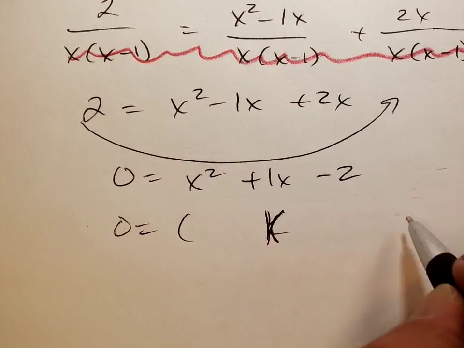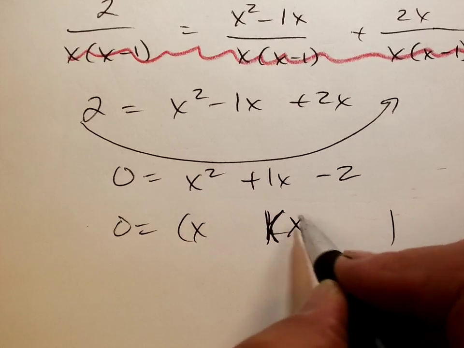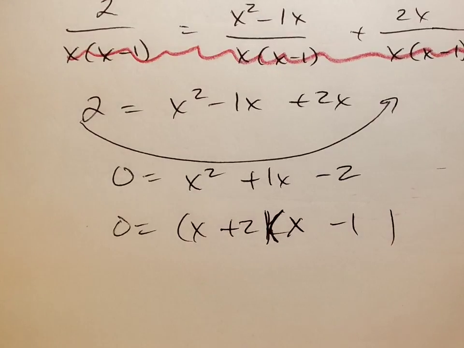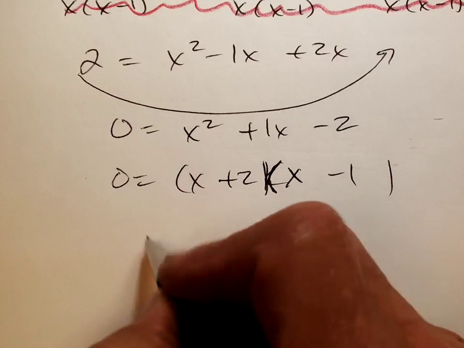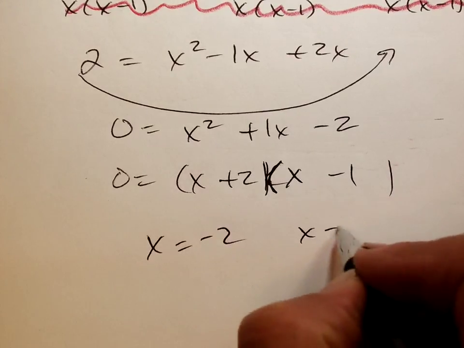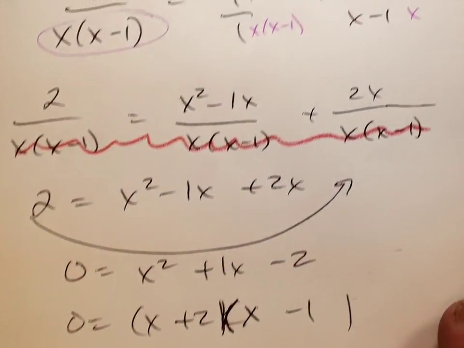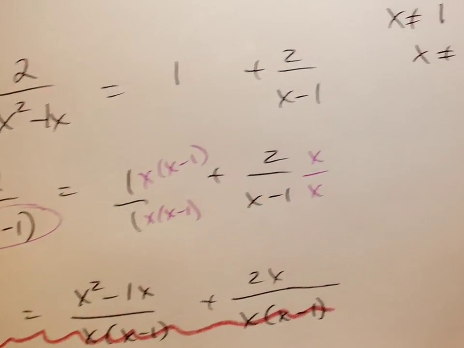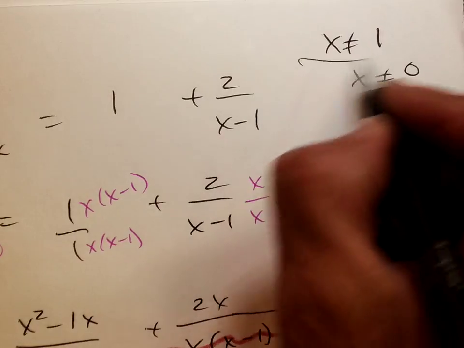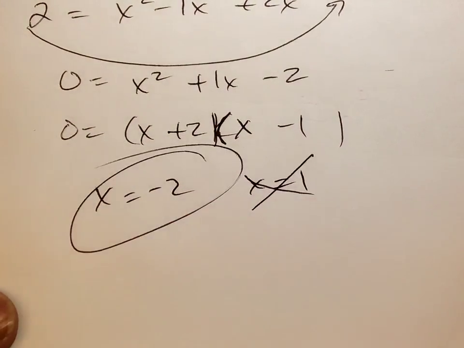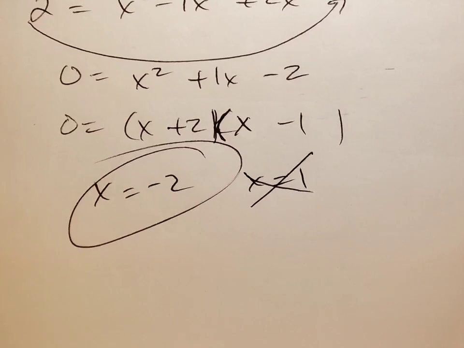Bad looking factor. x plus 2, x minus 1, right? x equals negative 2 and x equals 1, right? Wrong, because way up here we said x cannot equal 1. So let's go back and throw out the 1, and we just get one answer, x is equal to negative 2.